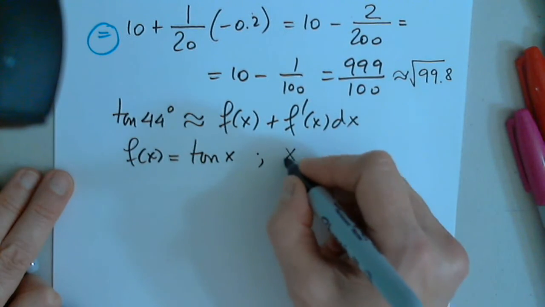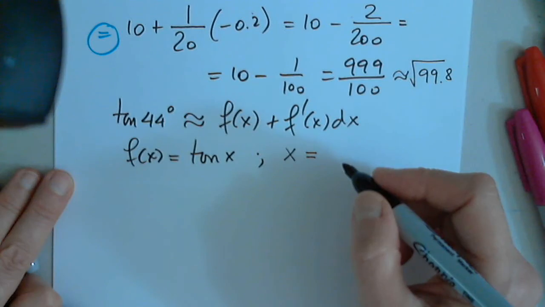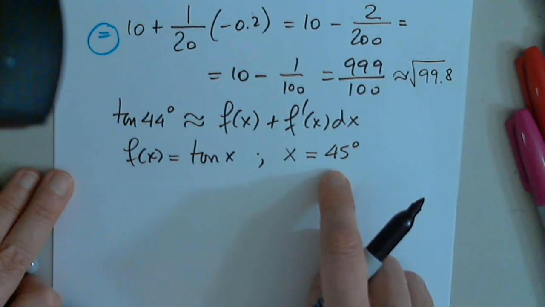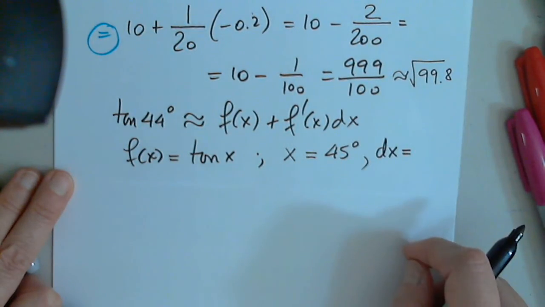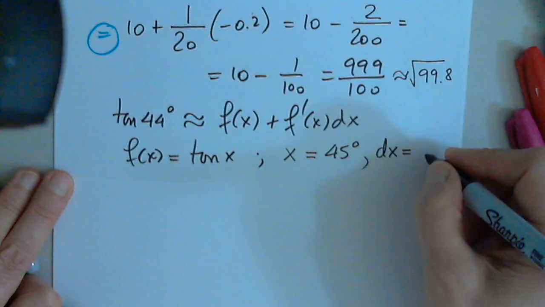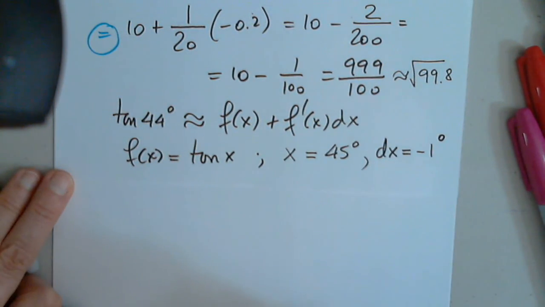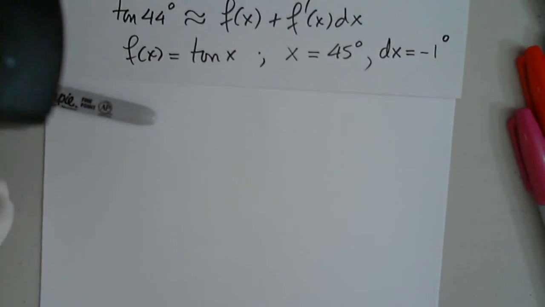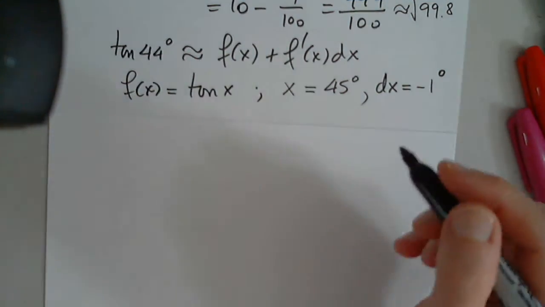Can anyone give us x here? 44 degrees. 45. Yes. Because we know everything about 45, right? And also because dx is tiny. Negative 1 degree. Perfect. I also need f prime. That's how they were doing this before calculators. They didn't know how to calculate tangent 44.